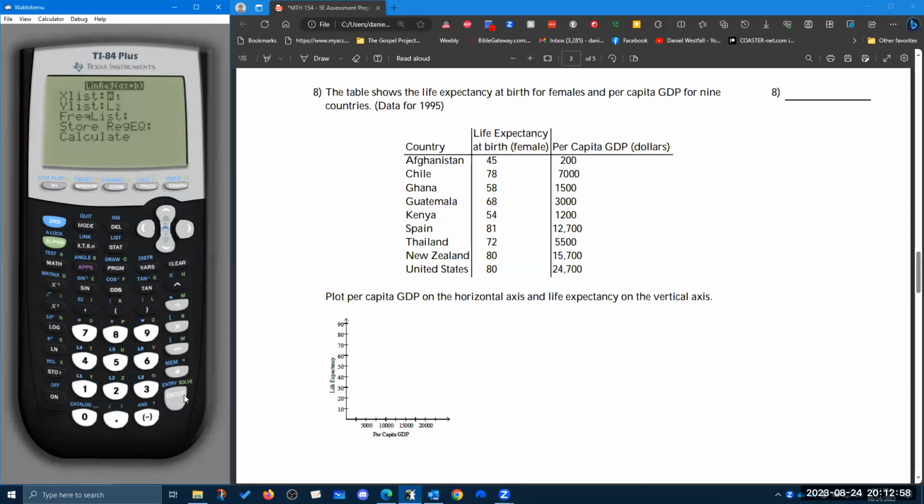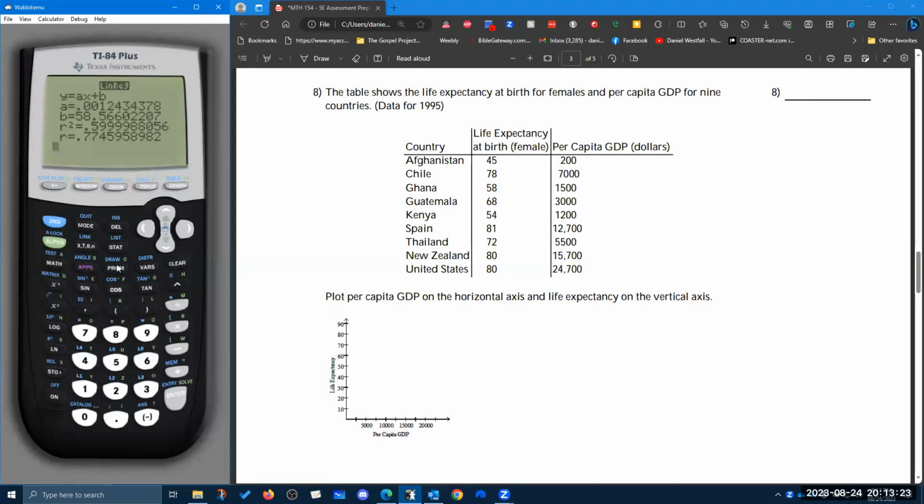So let's see what our R and R squared values are here. And let's put our regression equation there as well and calculate. Okay, so our slope is not very steep there. That's okay.